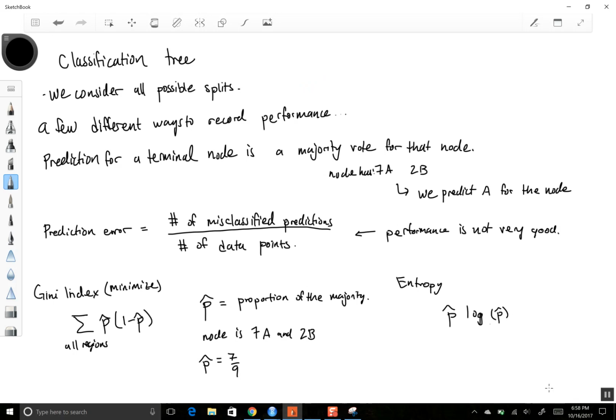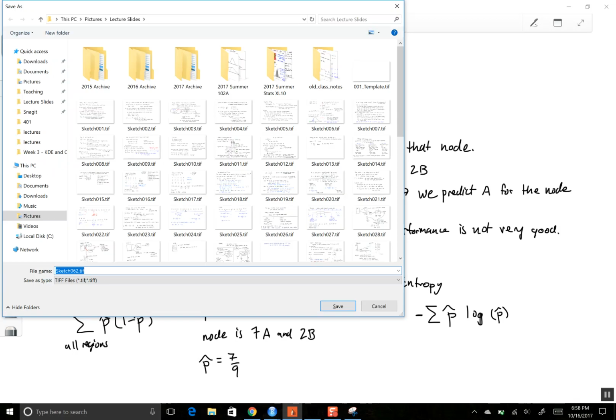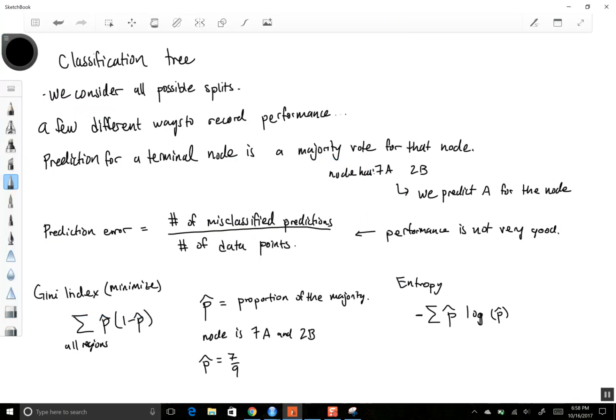If you have a pure node where p hat is 1, you get 0, and if you have anything less than that, you're going to get a negative number there. So we sum that up, and we take the negative of it, hoping to minimize this.